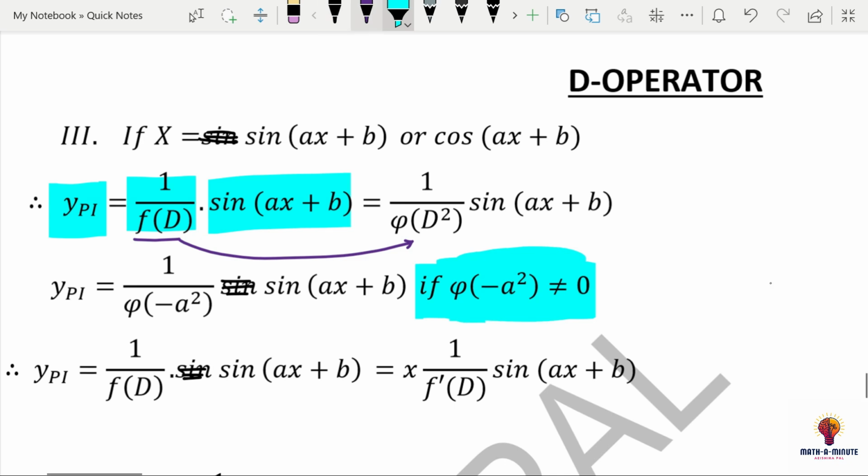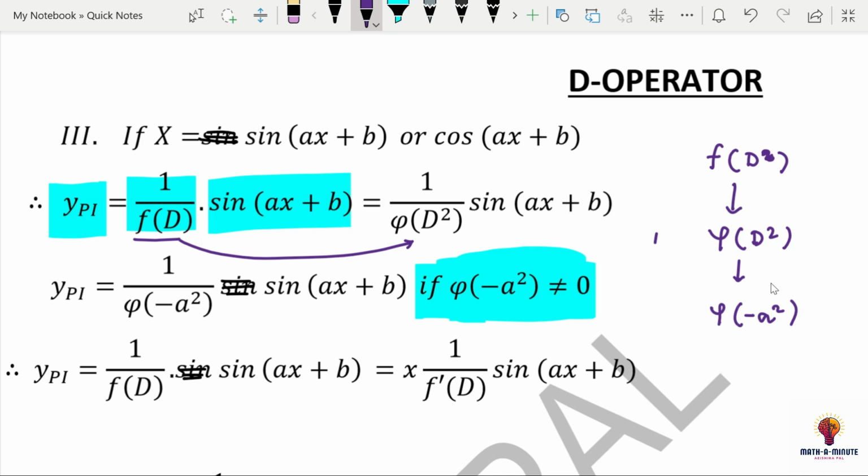So for trigonometric functions cos ax and sin ax, if there is a D operator f(D), we have to make this function a function of D square. Then we can replace D square by minus a square if this value is not equal to 0.